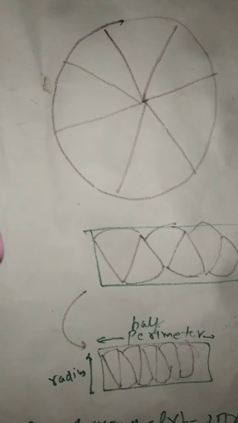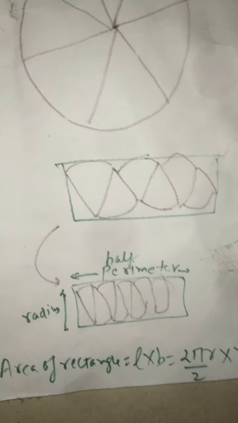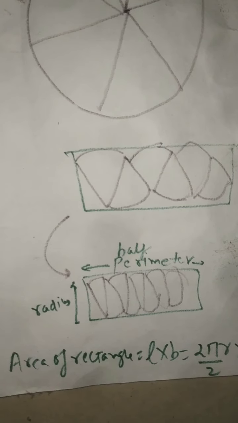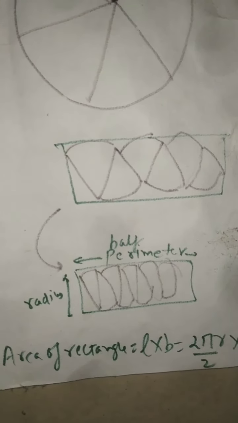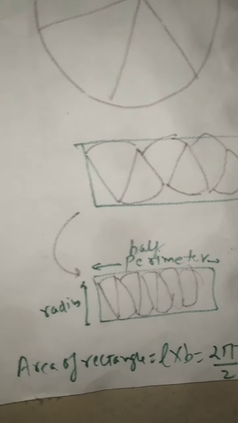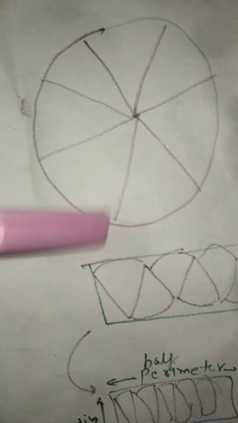They would become almost equal to a rectangle. So let's suppose that it becomes equal to a rectangle. And then what about the length and the breadth? We can see that the breadth would be equal to the radius.